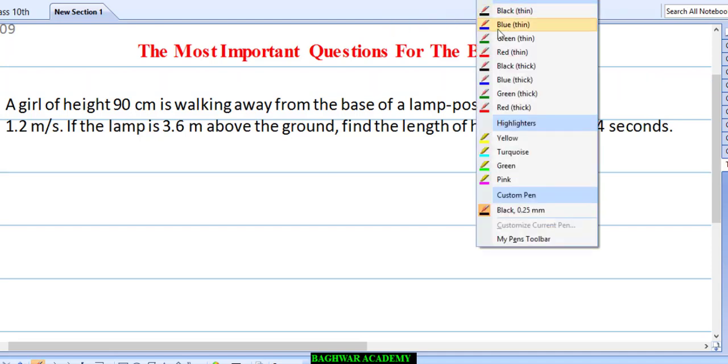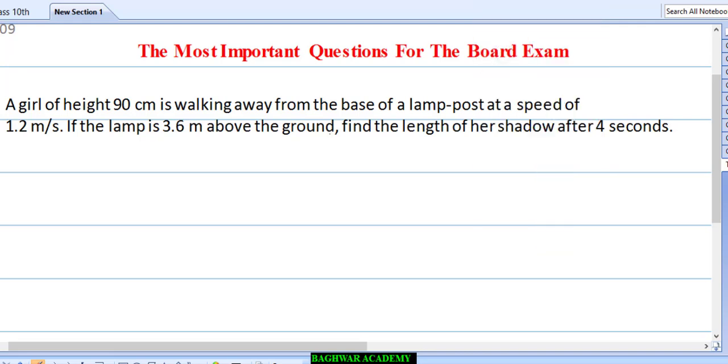So here you see, we will draw a figure so that you will understand. A girl of height 90 cm is walking away from the base of a lamp post. So first of all we need to draw a lamp post. Suppose we are drawing a lamp post in this way.